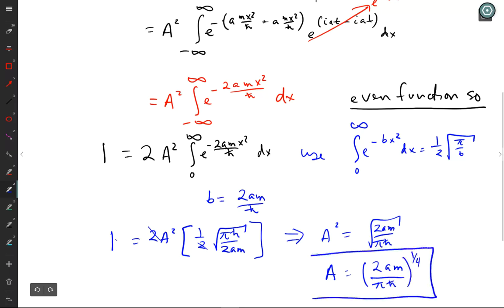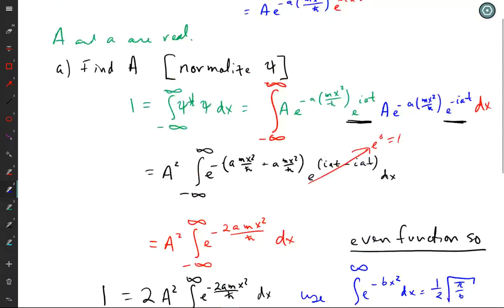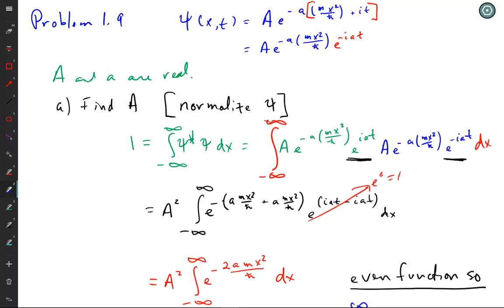You're probably seeing why in that homework problem you had a normalization factor of, what was it, 4th root of alpha over pi? Something like that? Yeah. Right, because that's how you normalized it. They gave it to us in the previous one; here we had to calculate. So there's our first step, part A. We have found A.